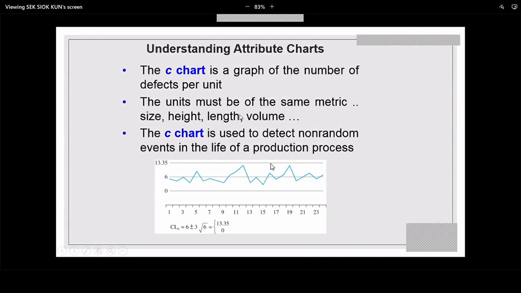The unit must be of the same metric size, height, length, or volume, meaning all should be indicated in the same measurement, in cm or so on, the same unit. The C chart is used to detect non-random events in the life of a production process, so you want to observe the non-random event.